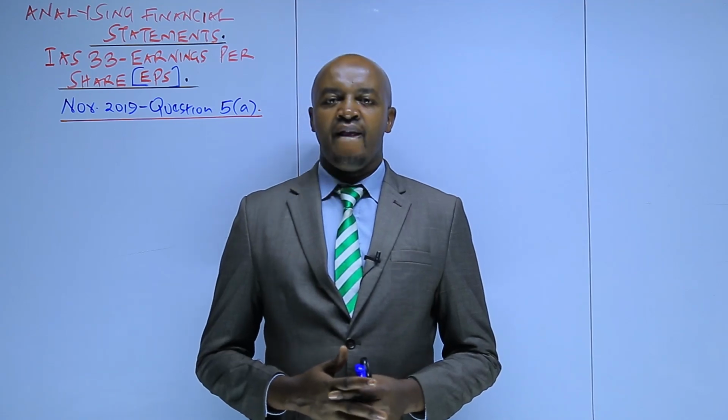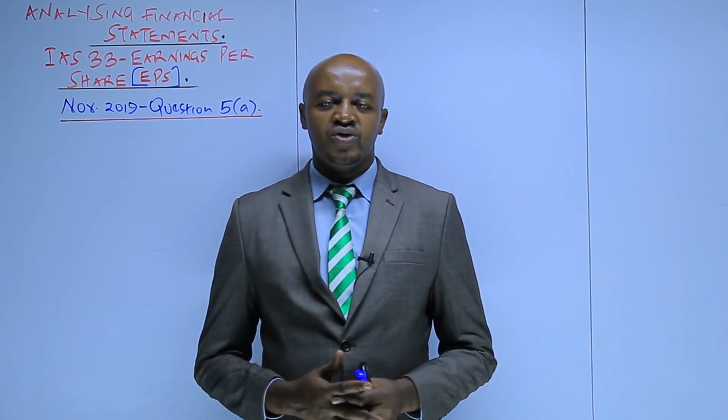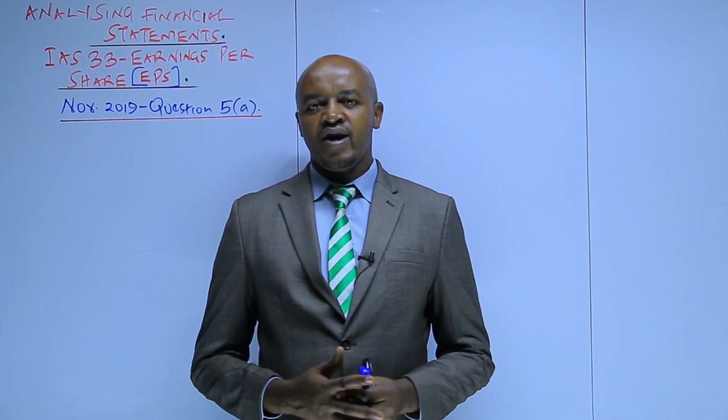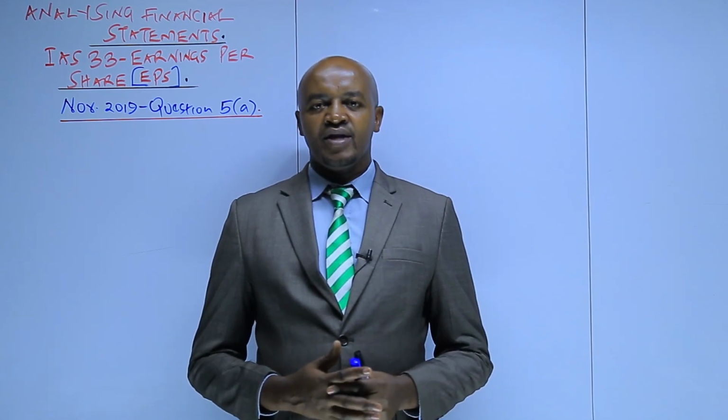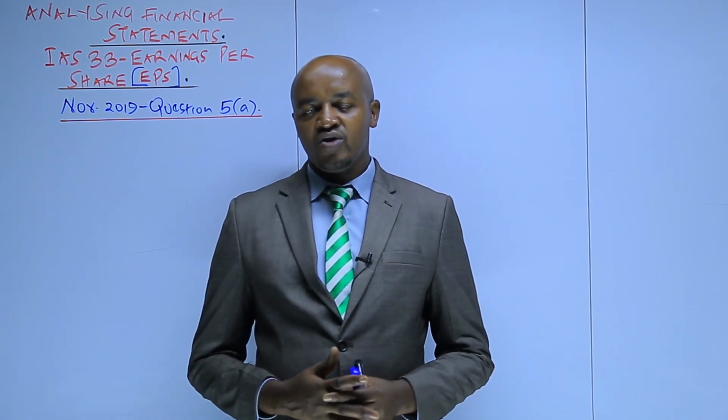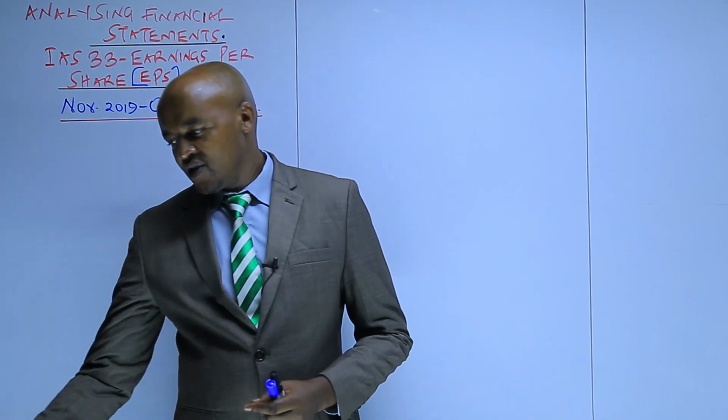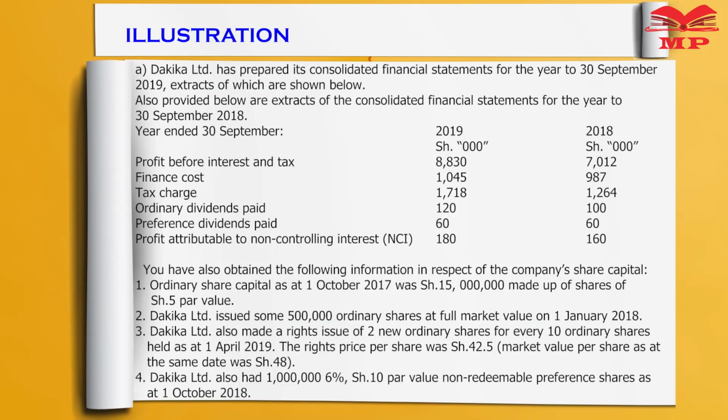So in this session, I want us to do an illustration question regarding the computation of basic earnings per share. That illustration question is based on a past paper question, November 2019, question number 5A. So we go through the question and then we see what the examiner was requiring.